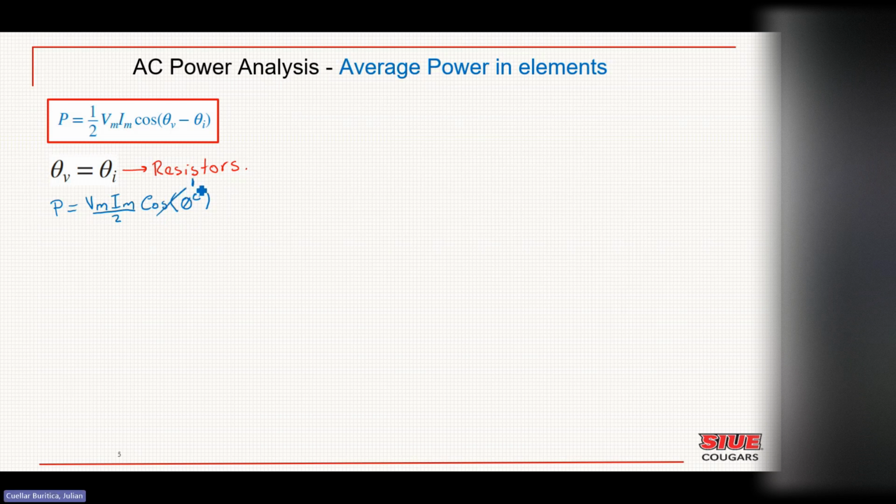Cosine of 0 is equal to 1. It means that this is going to be just Vm Im over 2.